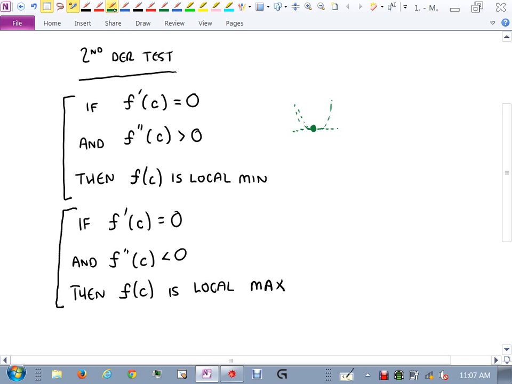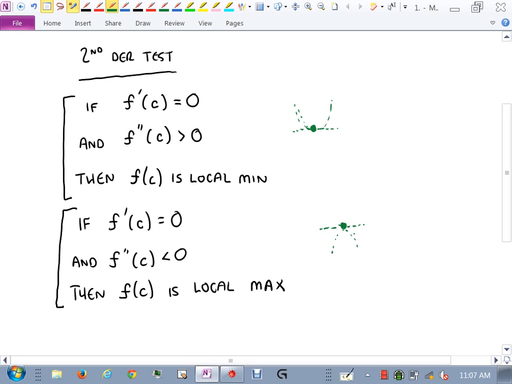That's the Cal 1 result. First derivative is 0, second derivative is negative, so it's concave down, and we have a local max there.